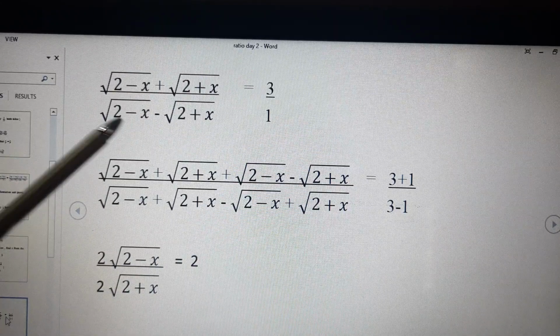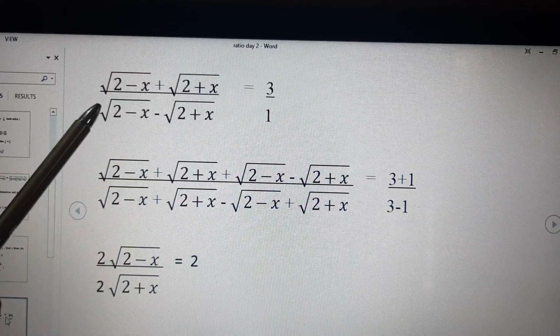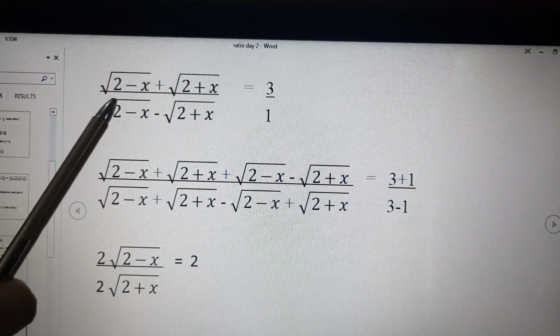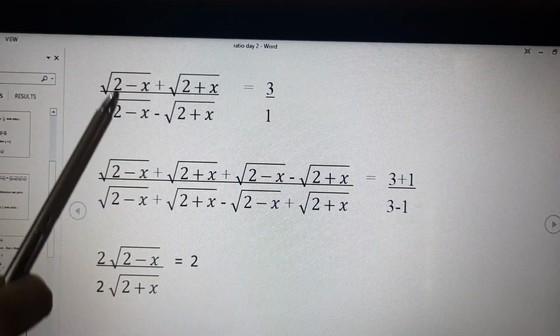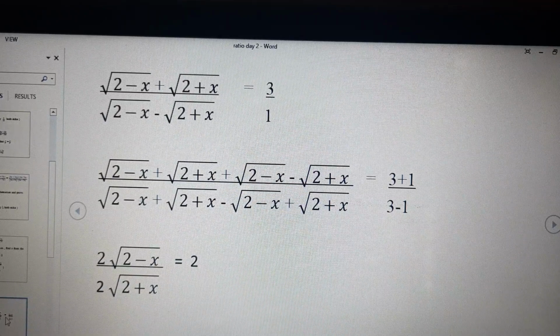Now numerator minus denominator. The numerator is root (2 minus x) plus root (2 plus x), minus the denominator. Now you have to be careful. Minus root (2 minus x), and minus minus becomes plus. So it should be minus root (2 minus x) plus root (2 plus x).